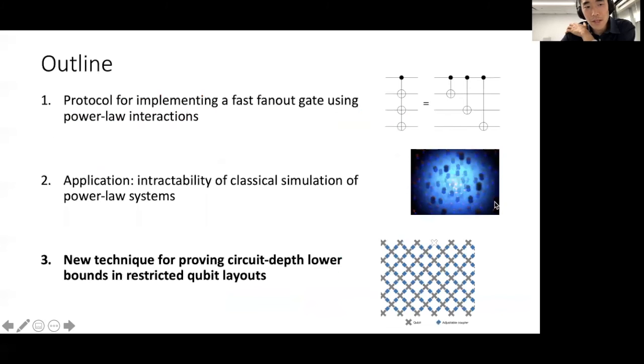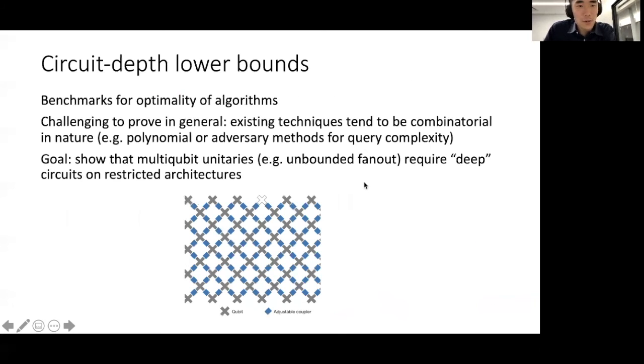Okay, so now let me move on to the final part of this talk, which is to prove our circuit depth lower bounds in restricted quantum architectures. What are these circuit depth lower bounds good for?